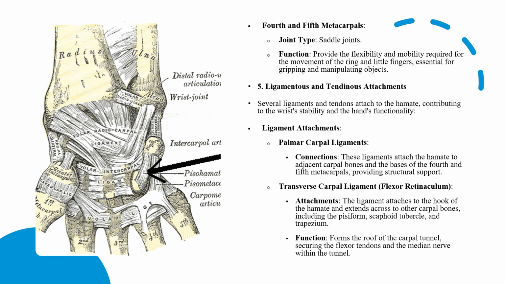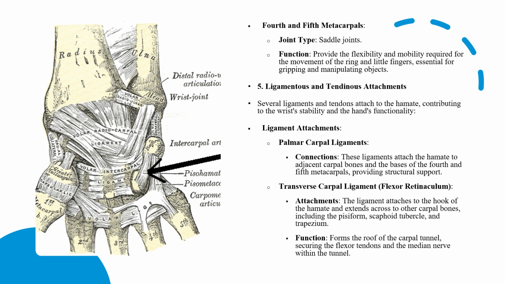So the hamate makes a joint with the fourth and the fifth metacarpal. It's a saddle type of joint and provides the flexibility and mobility required for the movement of the ring and little finger, essential for gripping and manipulating objects.